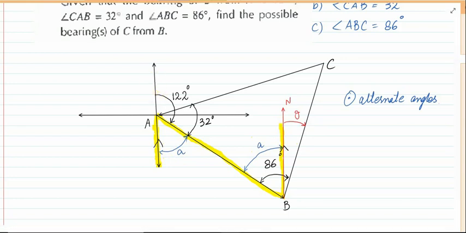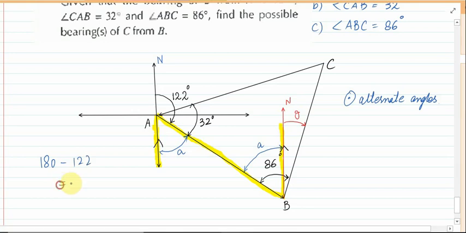If we start from the north of A till the south of A, we covered an angle of 180 degrees, right? But we also know the value from north till this point is 122. That means if we subtract 122 from 180, we get the value of A. It's 58, right? So now we have the value of A, that is 58 degrees.